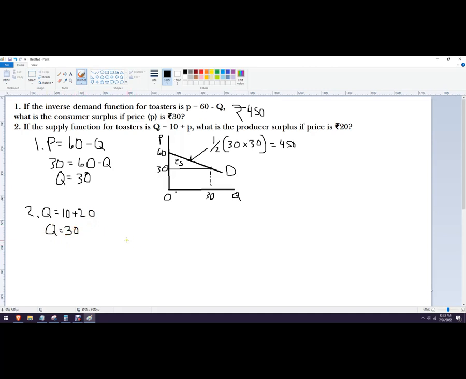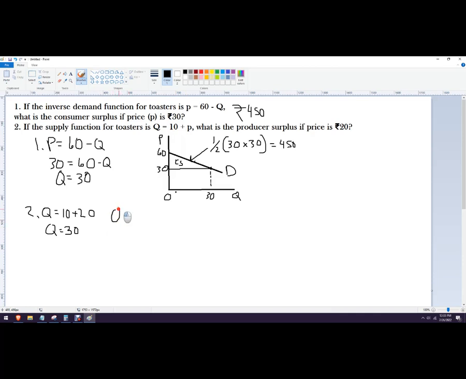Okay, and then what is the price at which the supply curve begins? So just like I did with the other one, I'm going to put in a 0 here. And it looks like I get a -10.